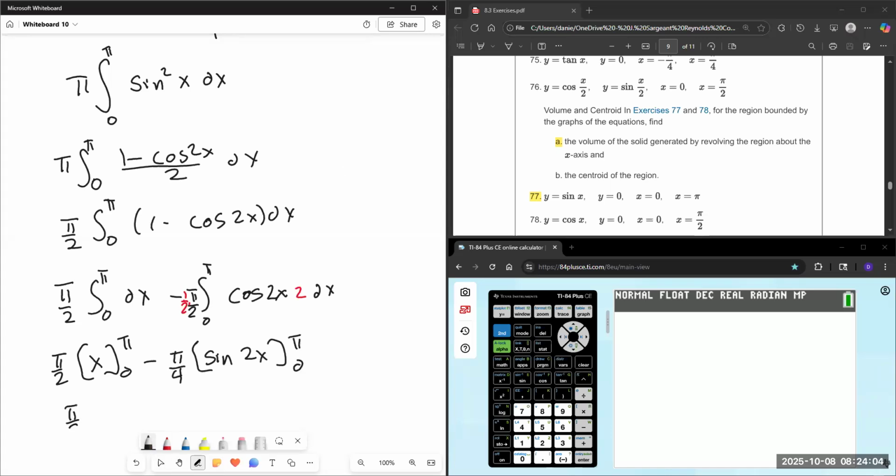So pi over 2 times pi, minus pi over 4 times sine of 2 pi, which is 0, and sine of 0 is 0, so this is 0. So this is pi squared over 2 for my final answer. And these are square units since we're talking about area. No, cubic units since we're talking about volume.